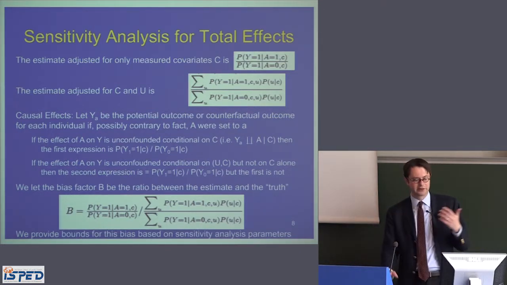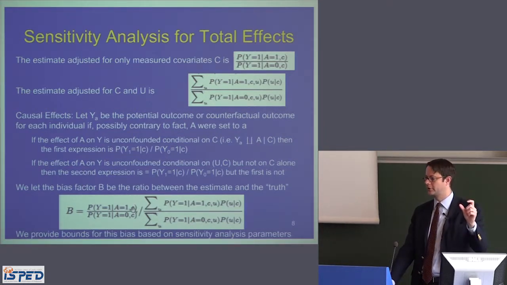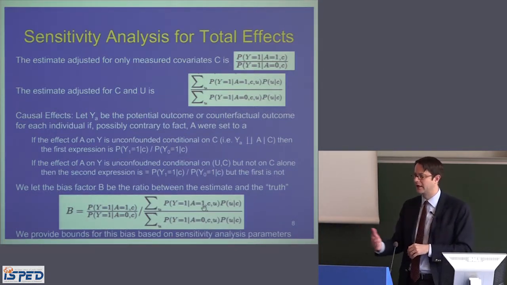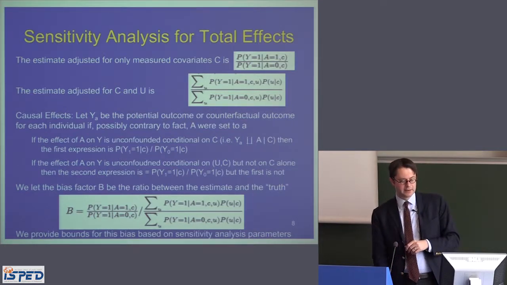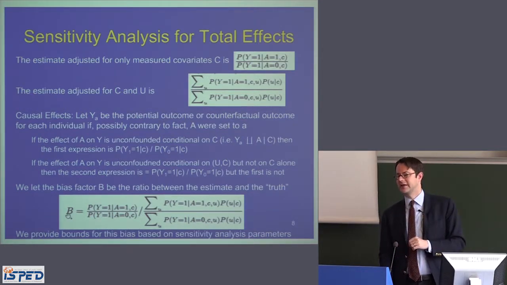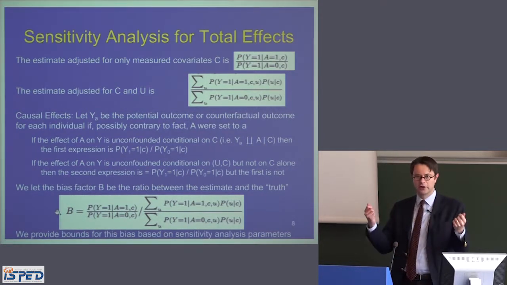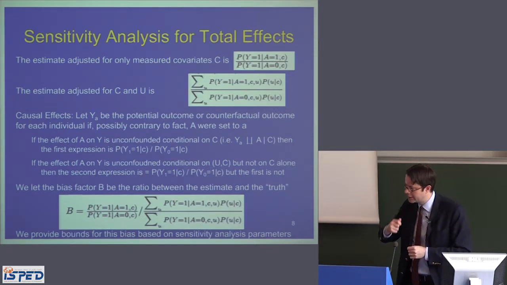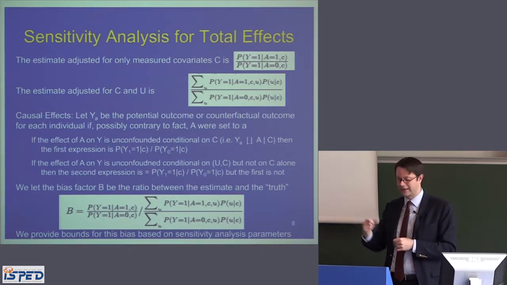It is really just a comparison of what we observe when we adjust just for the measured covariate C versus what we would have observed for the risk ratio had we been able to adjust for, standardize by, U as well. And what many sensitivity analysis techniques do is express this bias factor in terms of typically two or more parameters relating the association between U and the exposure and U and the outcome.